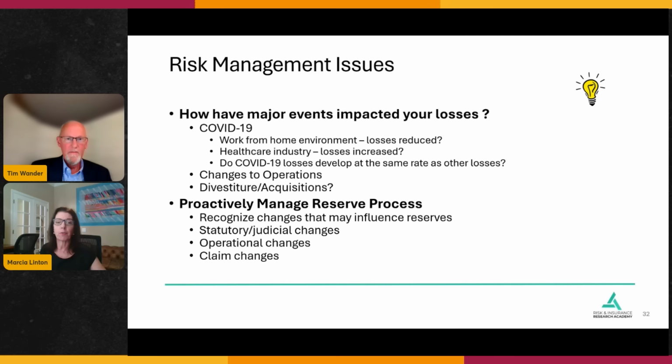So we may want to remove all of the COVID loss data from those loss projections, because what we're trying to do, and this is not for the outstanding liability part, but for the forecast, we want to take that historical data and say, how do we look at historical data in the way things are today in our organization? So that might mean removing all that COVID data to get a more accurate estimate. So back to you, Tim.